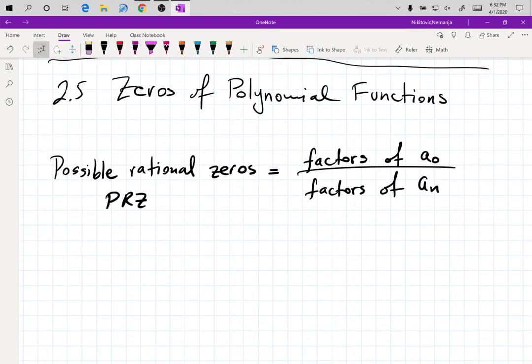It's better to know the reasons rather than just try to memorize everything. So a0 is the constant term, and this one is the leading coefficient.